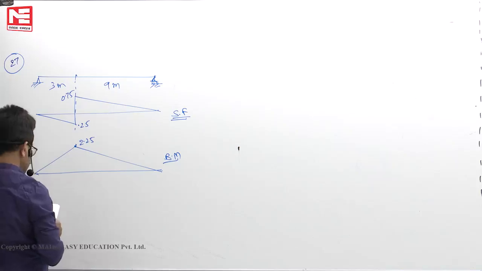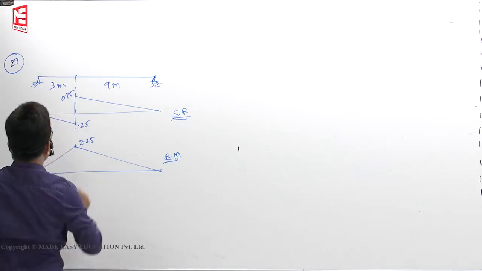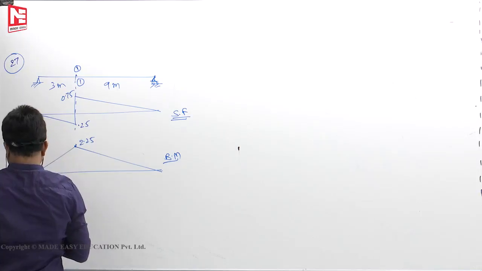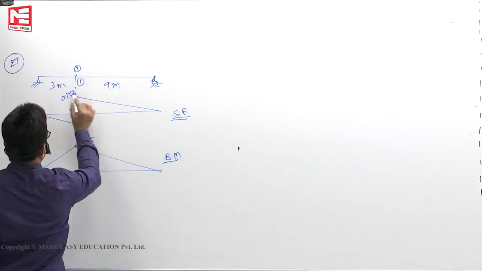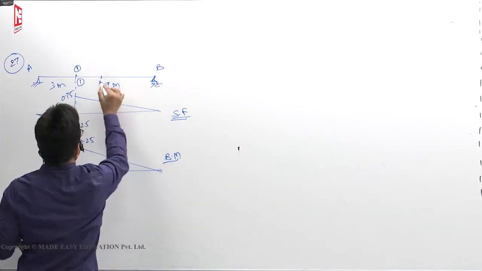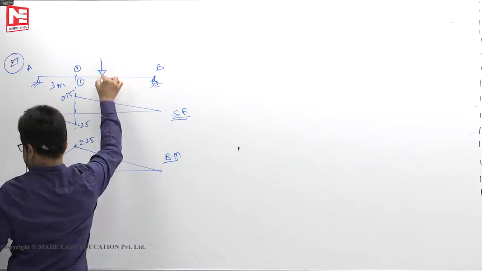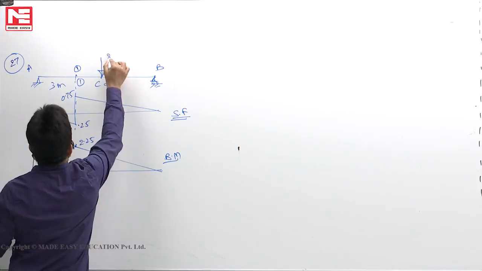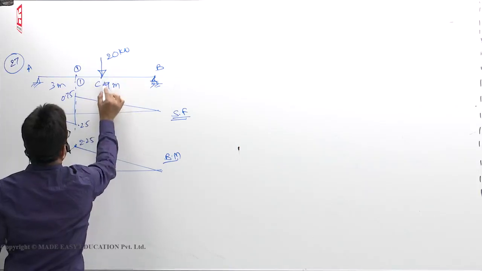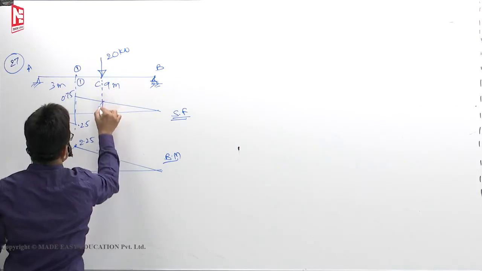The values of shear force and bending moment at section 1-1 due to a concentrated load of 20 kilonewton placed at midspan. That means this point, let us say A, B, C. Load is here, whose magnitude is 20 kilonewton. Total is 9 meters, so this is 6 meters.